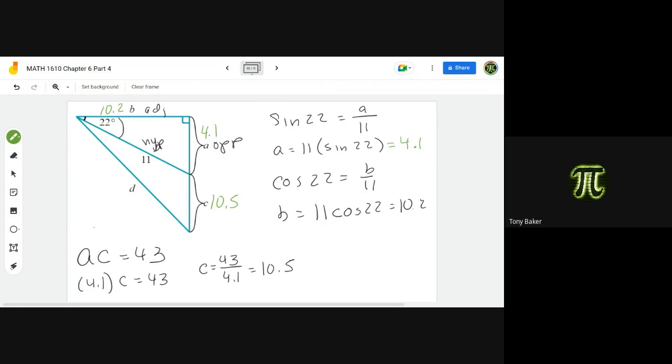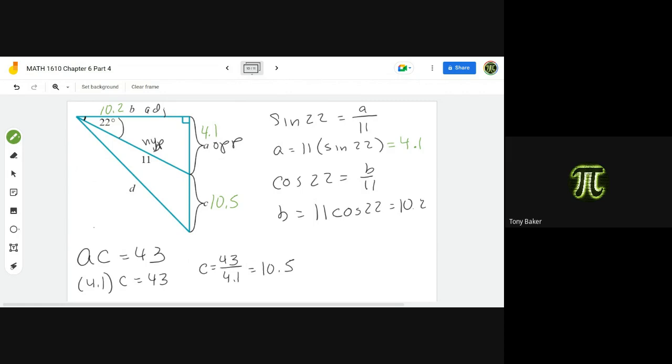I didn't get D yet. I needed C before I could find D. Yes, I am going to use tangent for D. Which sides am I using, though? Oh, actually, we can't use tangent for D. Why can't I use tangent for D?